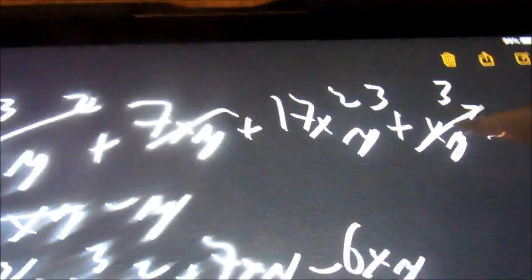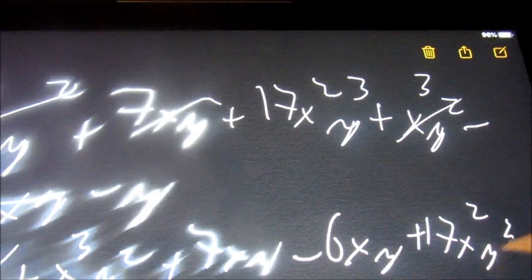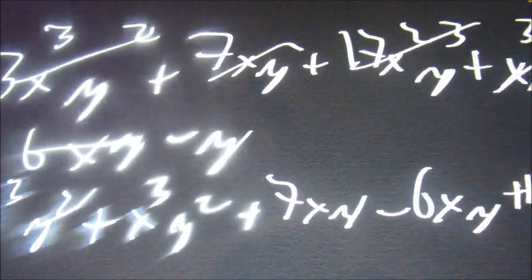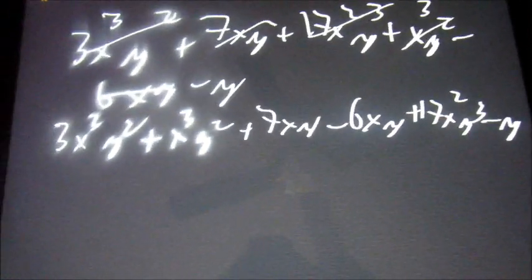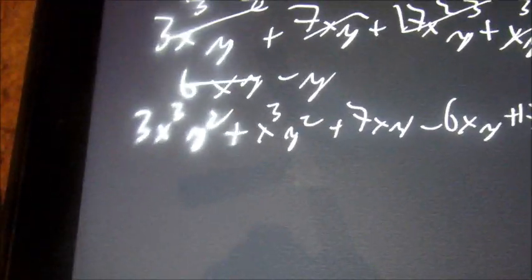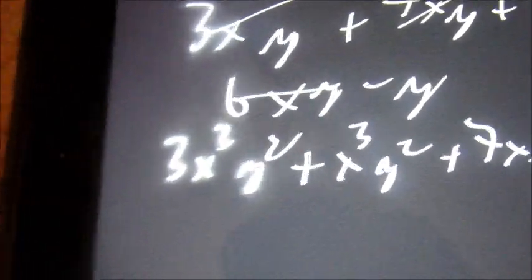And then the next term I have is plus 17x squared y to the 3, and I don't have any more of those, but I have a minus y. Okay, so now I'm going to combine the like terms there.